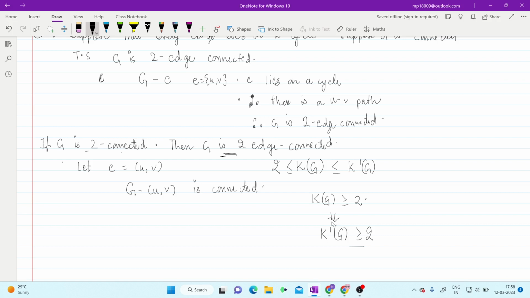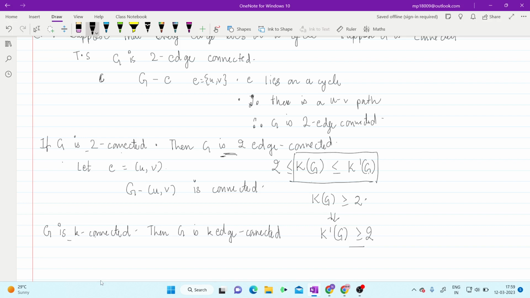So we can generalize this: if G is K connected, then G is also K edge connected, due to this nice relation that vertex connectivity is always less than or equal to edge connectivity.